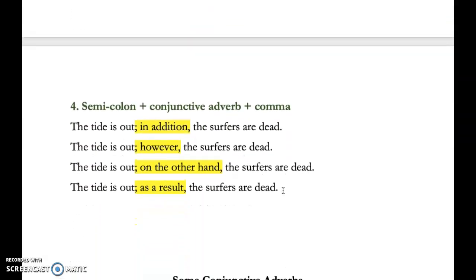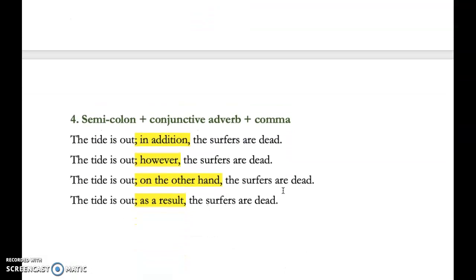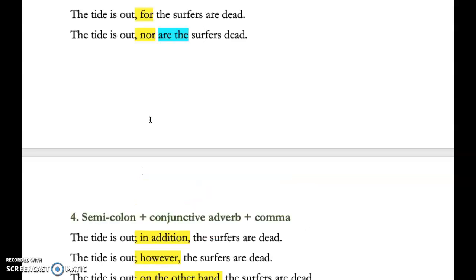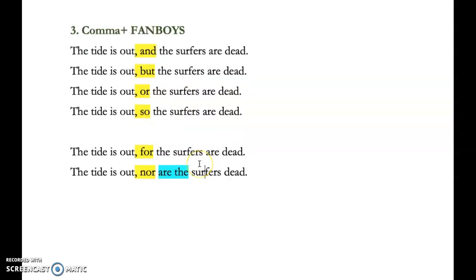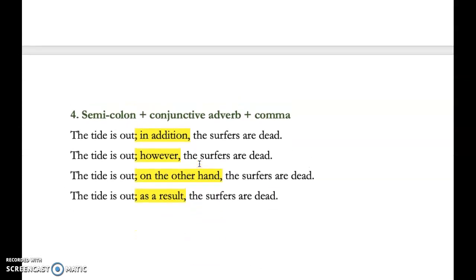The next option is actually very similar to the comma fanboys in that it has something that you put between two sentences that tells you about the relationship between the two sentences, but it's not one of the fanboys. So in other words, if you are using a word or a phrase between two complete sentences, and that word or phrase is not for, and, nor, but, or, yet, so, it is what we call a conjunctive adverb.